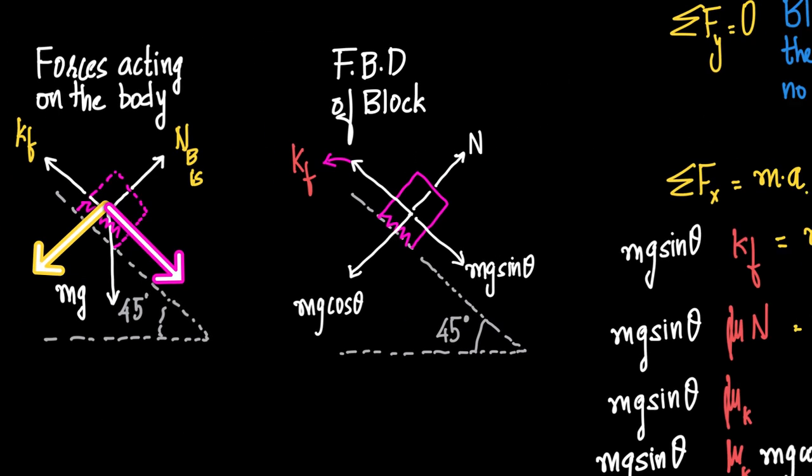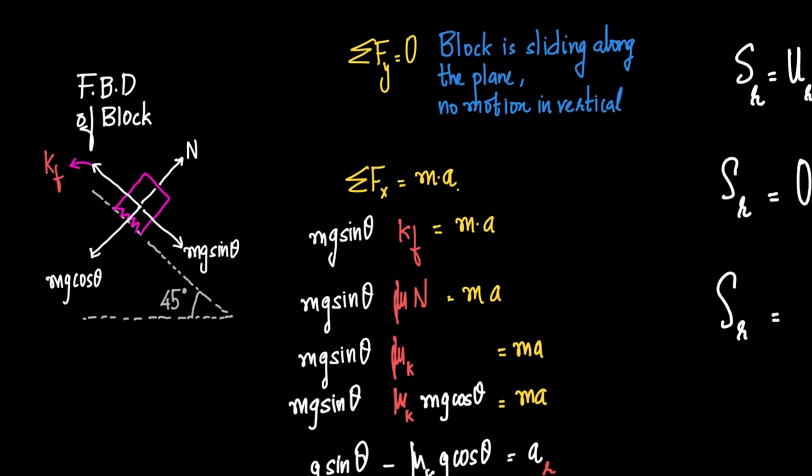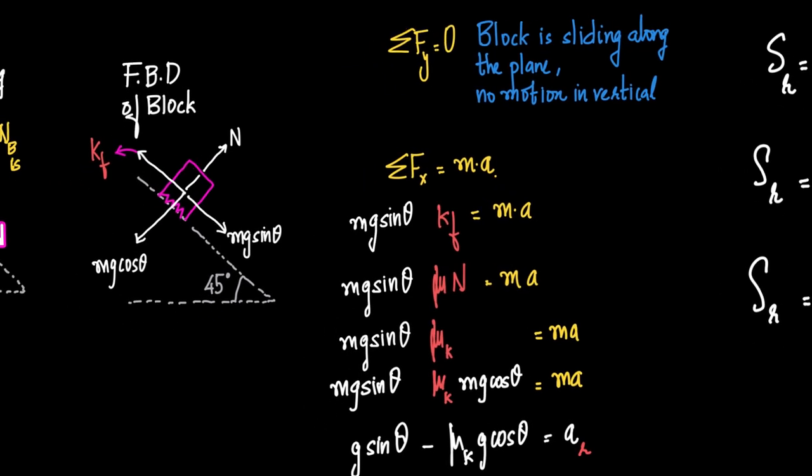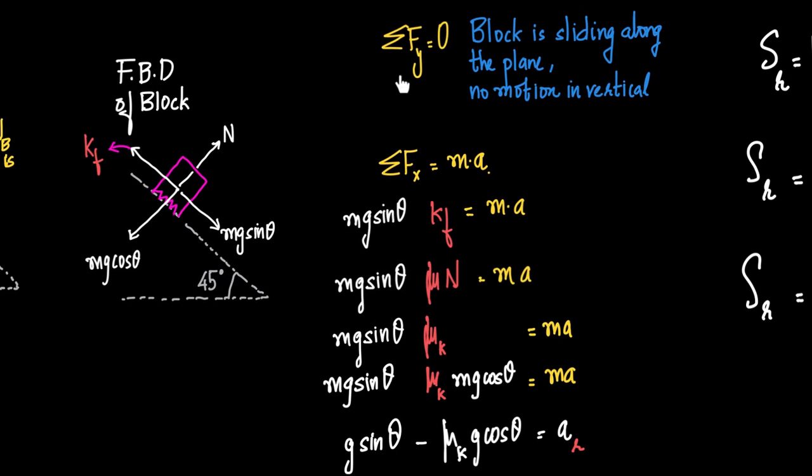Now let us apply the same conditions as we took earlier, which is sigma Fy is equal to 0. Why? Because block is sliding along the plane, which is only along the x-axis, and there is no motion in the vertical direction, which is the y-axis.